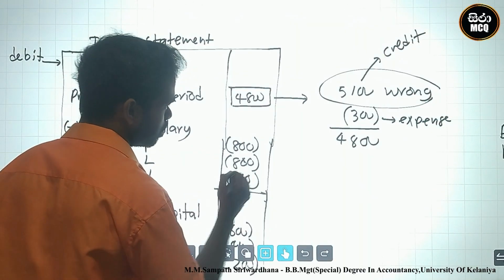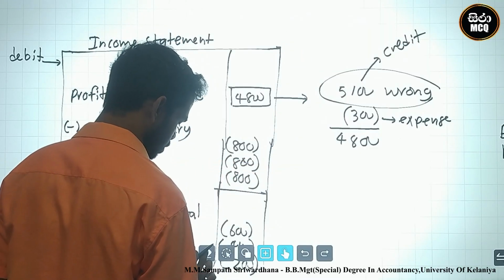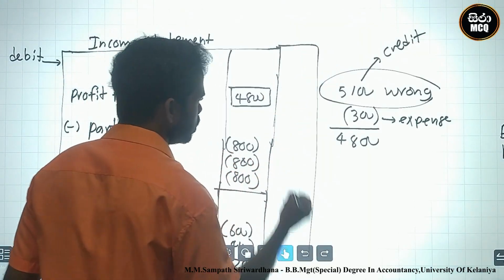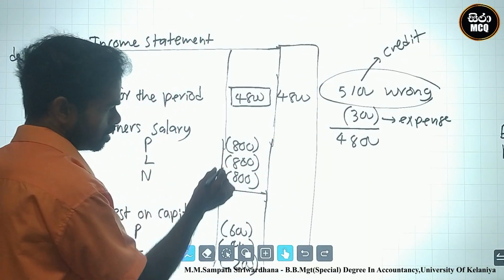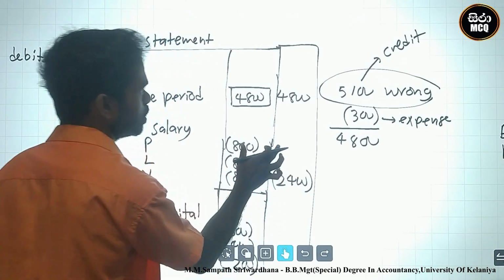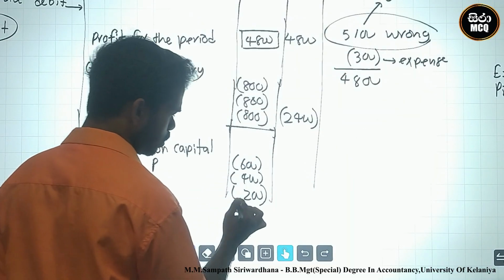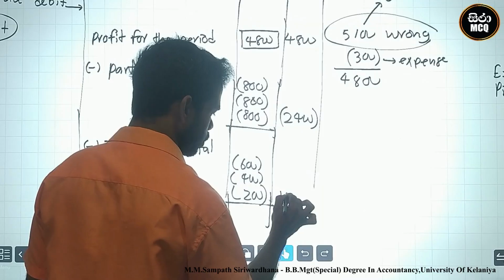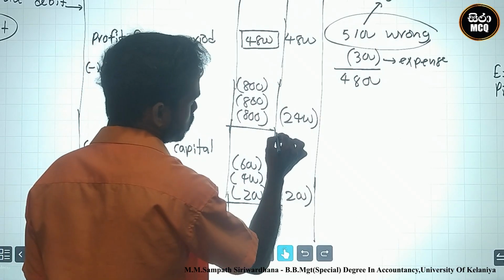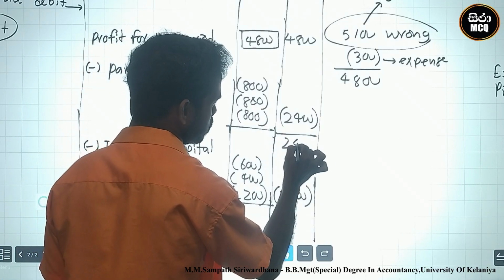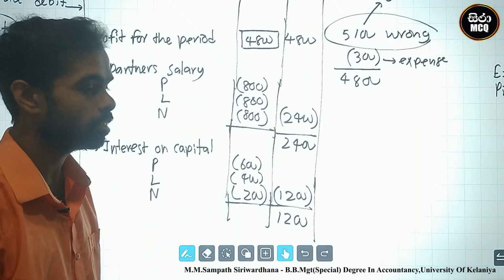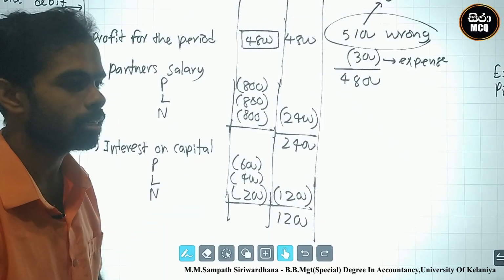After that we must deduct this one. I again create another column for this one. After that you must deduct 6000, 1000 and 1.2, 1200 was deducted from this 4800. This is 2400, 1200 was remaining. 1200 should be divided in profit or loss shares.